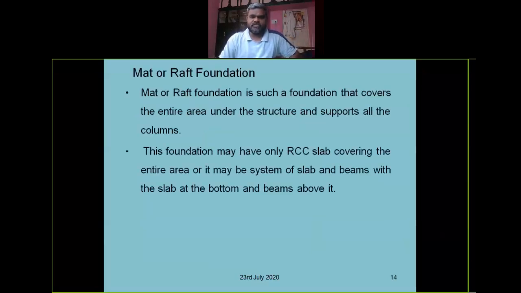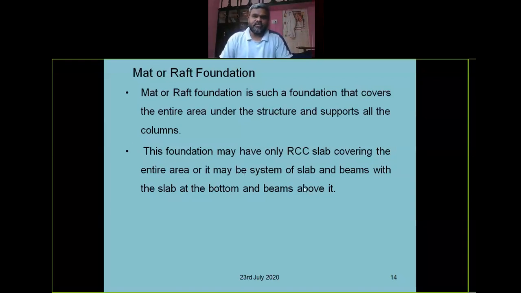The raft foundation is used when the distance between the columns is very small and columns are spread all over the site. That is nothing but a slab, an inverted slab you can say. Generally in a roof slab, the beam is under the slab. But here in raft foundation, upon the slab there is a beam, that is a plinth beam.